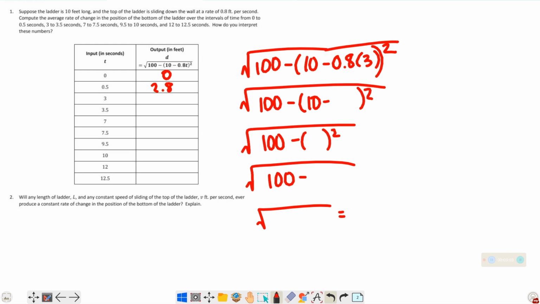That is 2.4. 10 minus 2.4 is 7.6. 7.6 squared is 57.76. And when you take that away from 100, you get 42.24. And then we're going to square root that and round it up to 6.5.